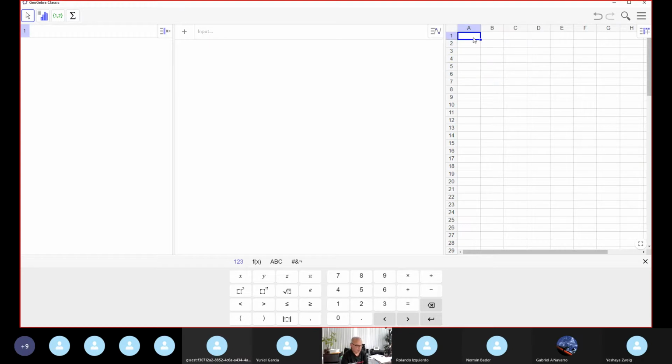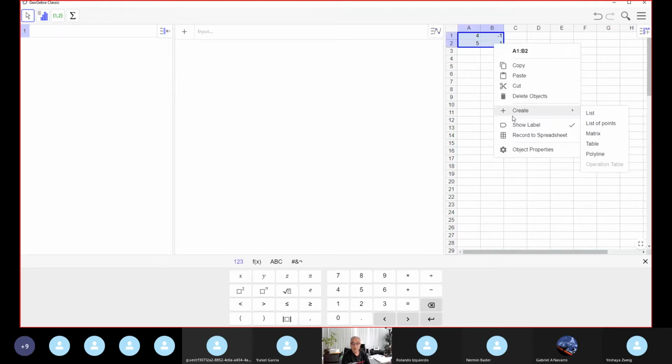Easy. Suppose 4, -1. Do you see GeoGebra? Yes or no? And 1. Okay, this is the original problem. I create the matrix.